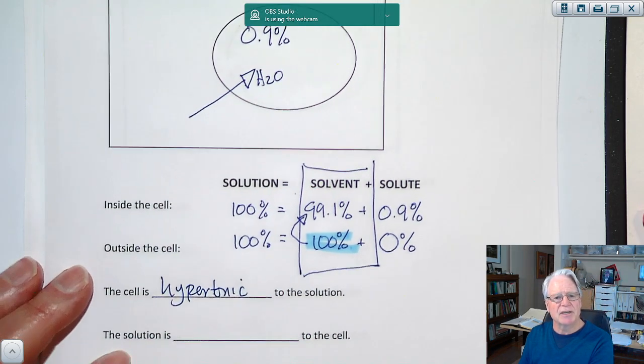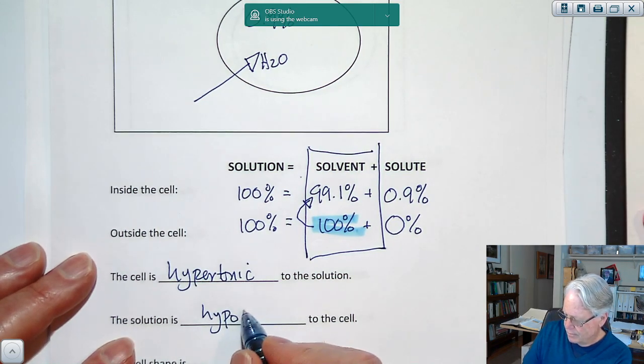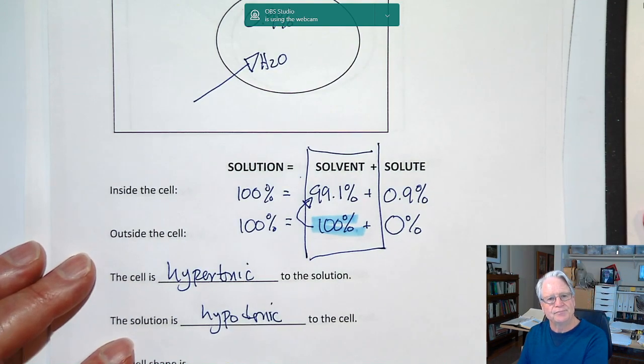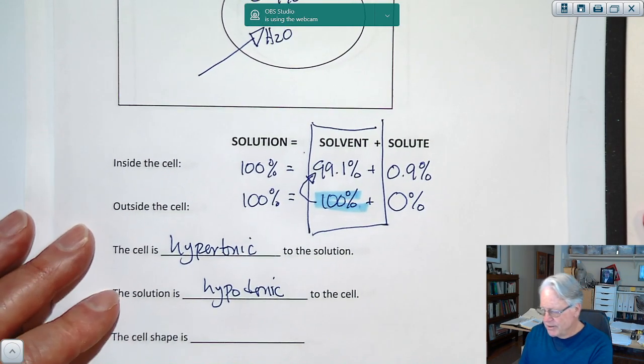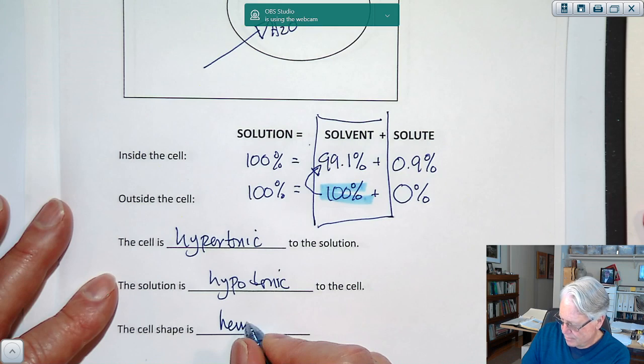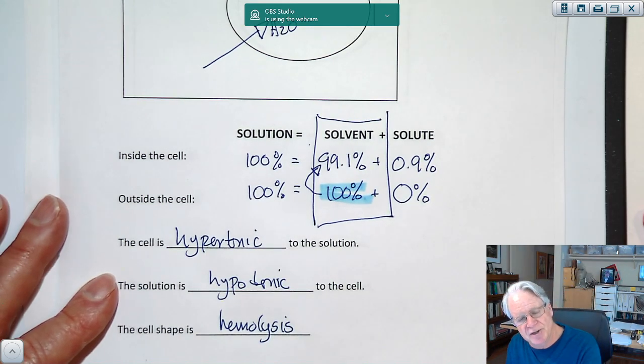The solution is hypotonic. Okay. And the cell shape, ladies and gentlemen, is hemolysis, because we are talking about red blood cells, so we can use that term.